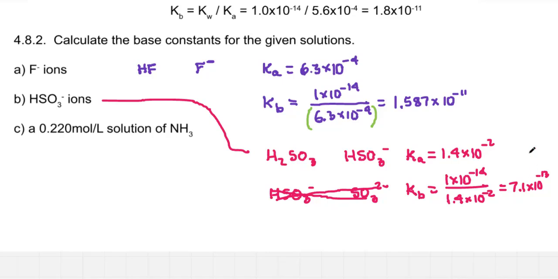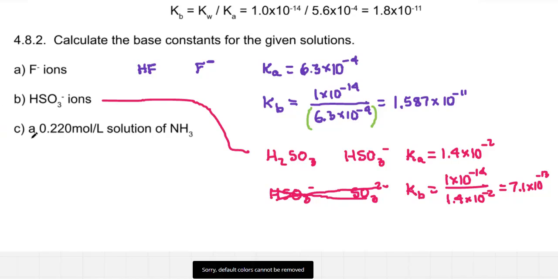This is a theme you'll see over and over where if you're very good at being an acid, you're very bad at being a base and vice versa. Being better at one of these things makes you worse at the other one. So when you see a high Ka like this, only a minus 2, you're thinking this Kb is going to be very low, like minus 13. Hope that makes some sense.